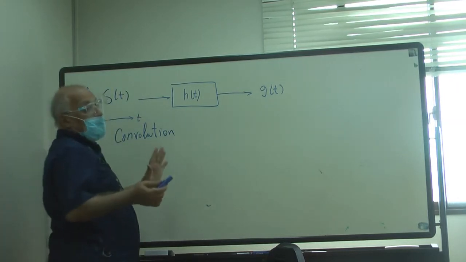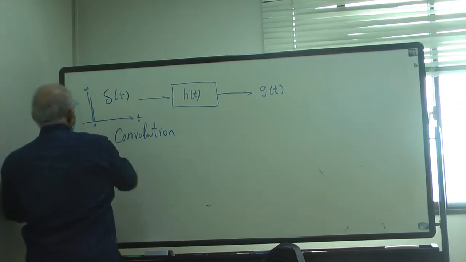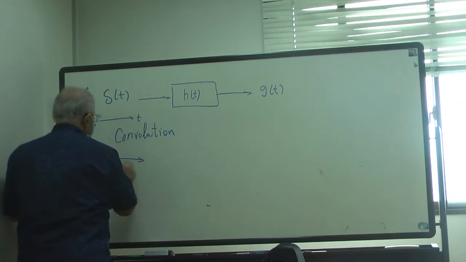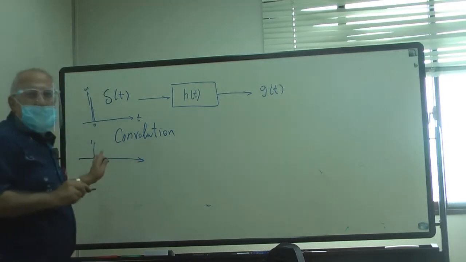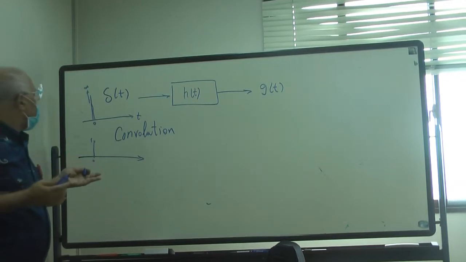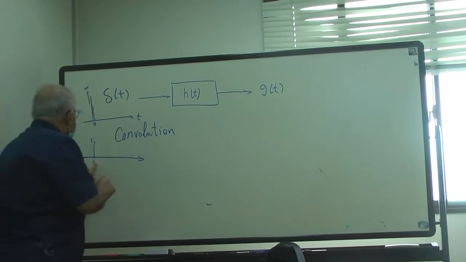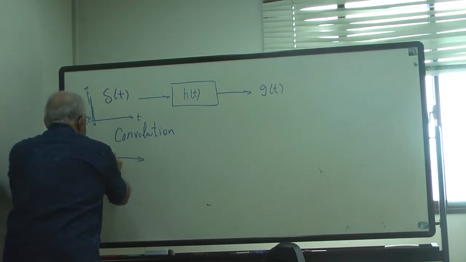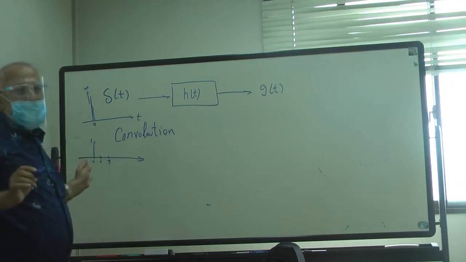Well, in a digital signal, because it's discrete, at 0 you put only 1. Just simple, 0, 1 at time 0. Then at time 1 or 2, this is sampling, you don't have anything.